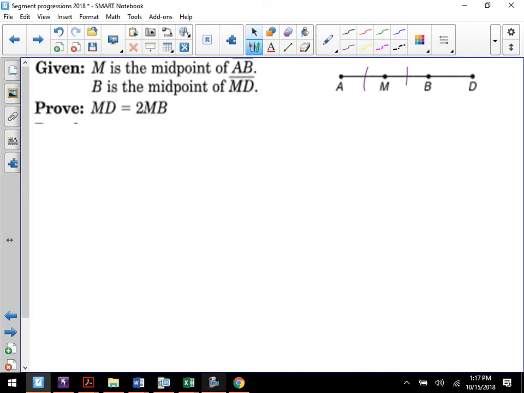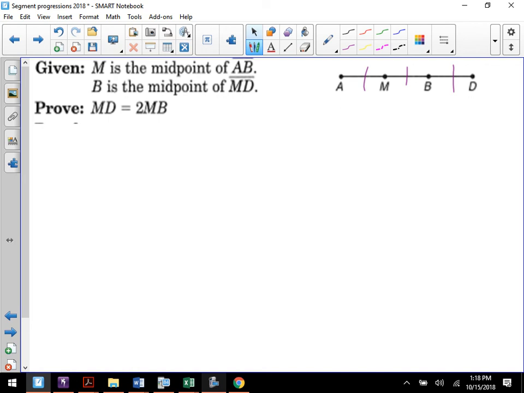MB and BD have to be the same. But since MB has one tick mark, how many does the next one get? They're equal, aren't they? It should also have one. And what you're saying is they're all equal because if I'm taller than you, and you're taller than her, I'm taller than her. You're using the transitive property by going through all that. We don't have to show all that, but you're right in saying that.